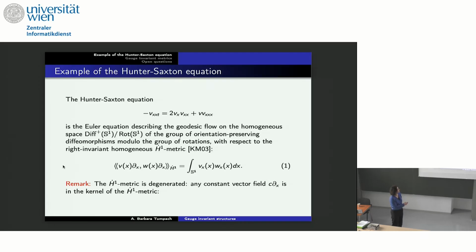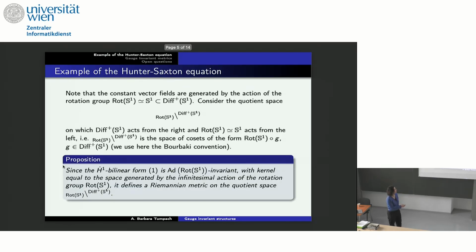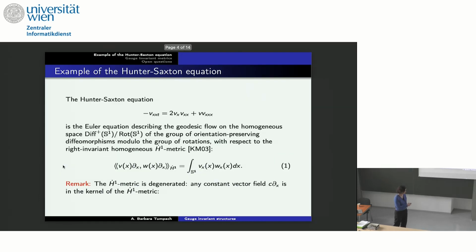And you see that this metric is degenerate because any constant vector field, so meaning in the form c d/dx, here x is a parameter on the circle, but we identify the circle with R mod Z, for instance.